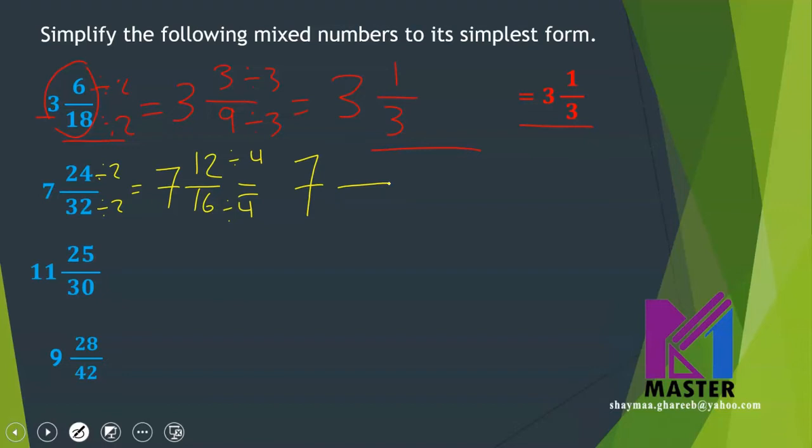So 12 divided by 4 equals 3, and 16 divided by 4 equals 4. So the final answer will be 7 and 3/4, which is the simplest form. I cannot do any more division.